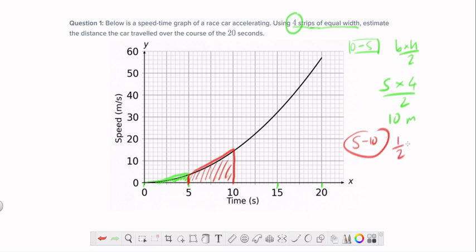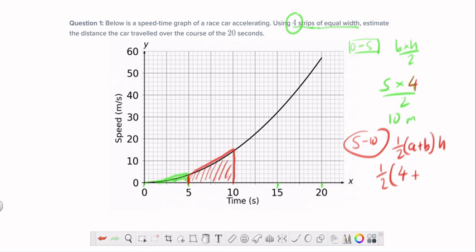Formula for area of a trapezium, where A and B are the 2 parallel sides, and H is the gap between the 2 parallel sides. So you got half. The A, if you follow my cursor over here, that's got a height of 4. Obviously the same as that.